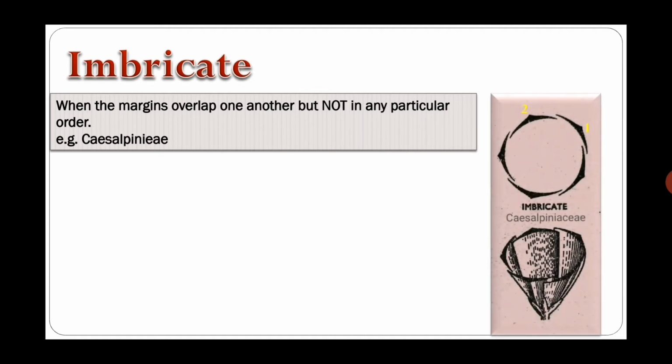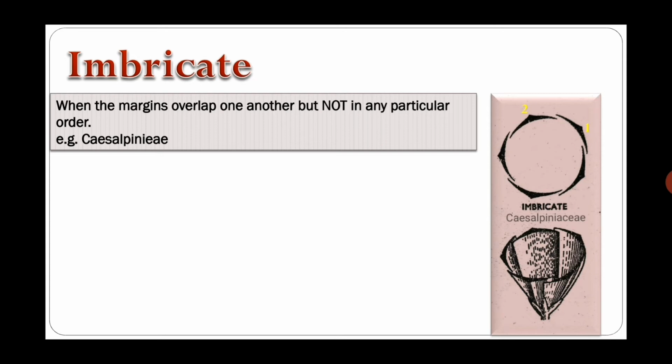So here in this picture you can see sepal number 1 and 2. Sepal number 1 has both the margins external, or it is overlapping the sepals on either side, and in sepal number 2 both the margins are internal, that means it is overlapped, and the remaining 3 sepals have one margin overlapping and another margin overlapped.